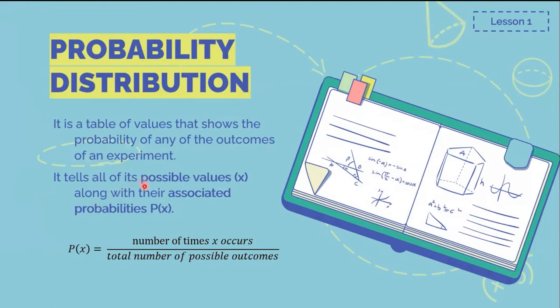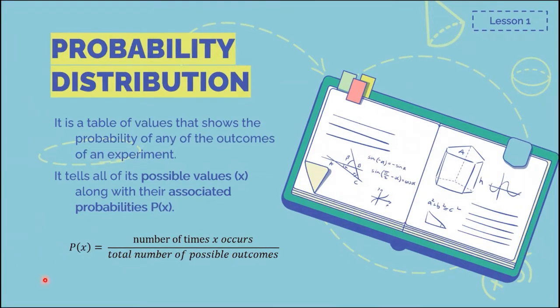It tells all of its possible values, x, along with their associated probabilities, P of x. To get the probability P of x, take note of this formula. P of x is equal to the number of times x occurs divided by the total number of possible outcomes.